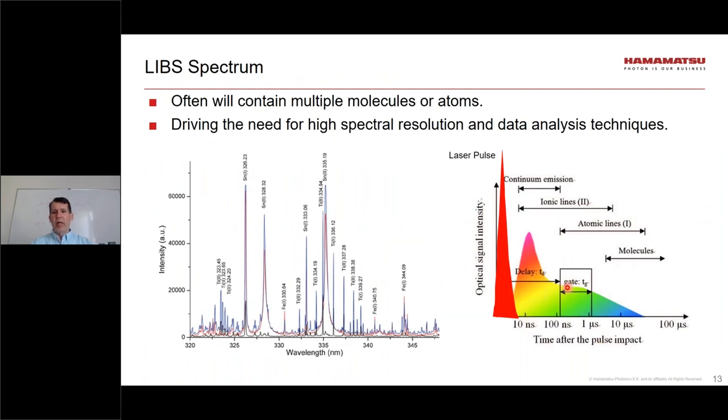Shown here on the right is another illustration of the same concept, where we can see that you have the laser pulse that is producing the formation of the plasma. And once the laser pulse turns off, we want to be able to gate the detector, in most cases a spectrometer, to detect these ionic lines.